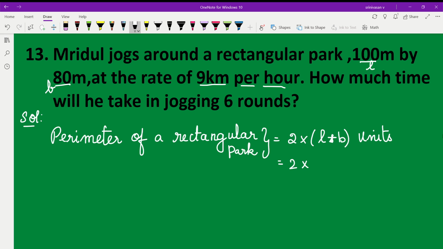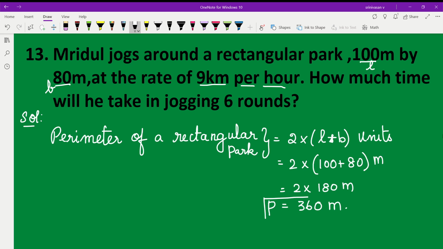So here L is 100 plus breadth is 80, unit is meter. So 2 into, add the length and breadth, 100 plus 80, it is 180 meter. So 2 18s are 36 and add the 0. Now we got the perimeter. Perimeter is 360 meter.